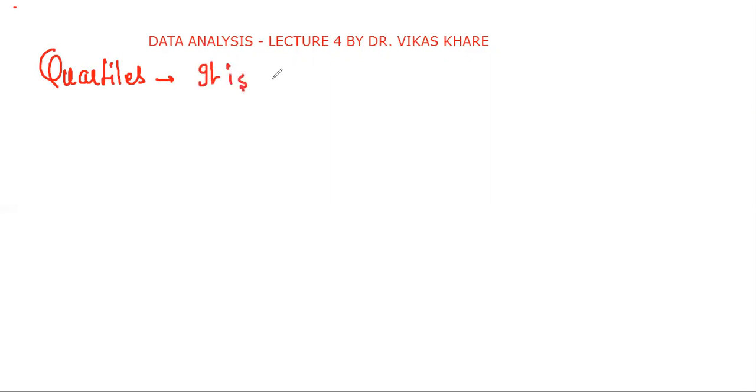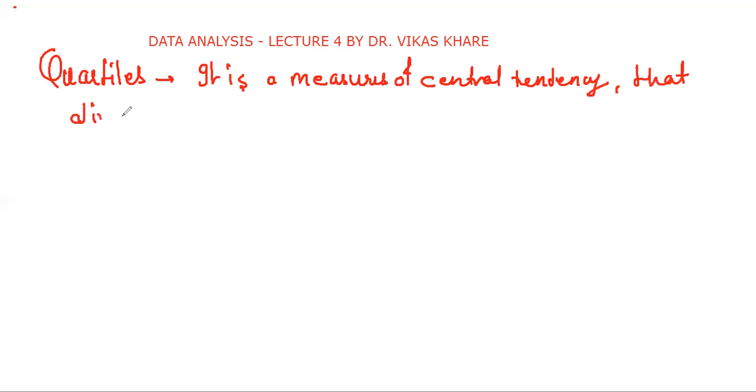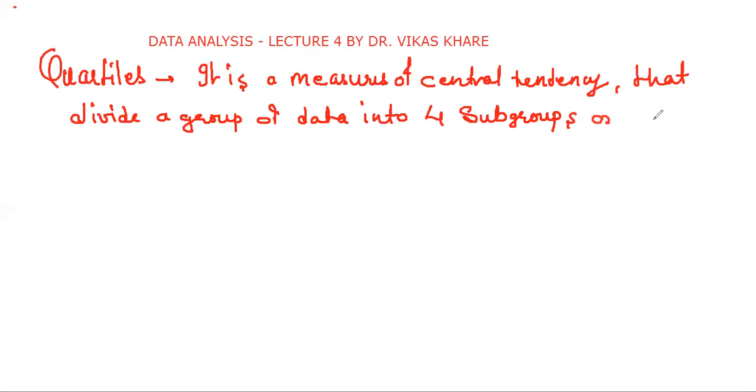It is a measure of central tendency that divides a group of data into four subgroups or four parts.